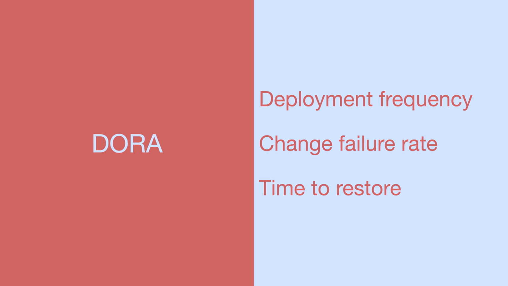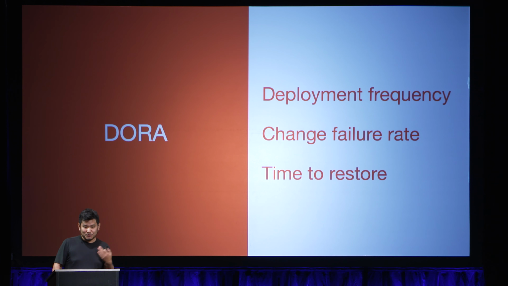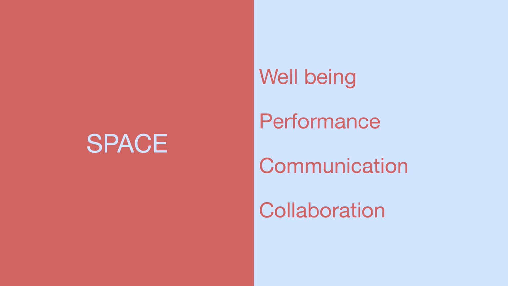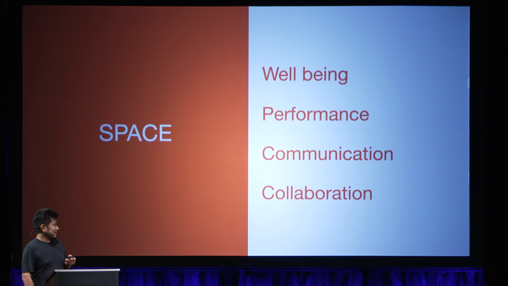What are some ways to measure the state of builds? So I'll talk very quickly about a couple. The first one is DORA, also mentioned in previous talks. DORA focuses a lot on metrics like deployment frequency, change failure rate, and time to restore. Then there's also the SPACE framework, which, similar to DORA, also measures performance metrics, but also other things like well-being, communication, and collaboration.